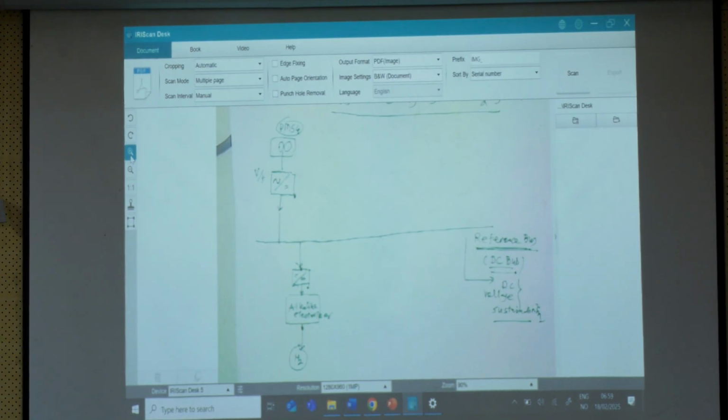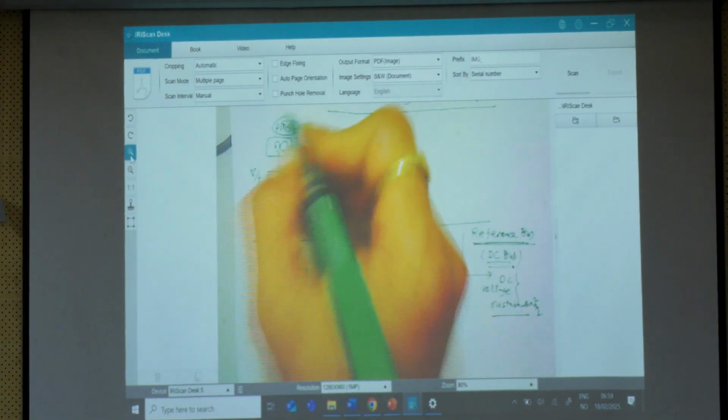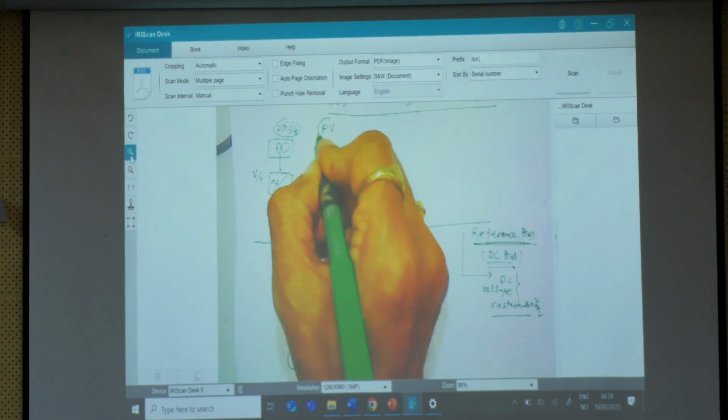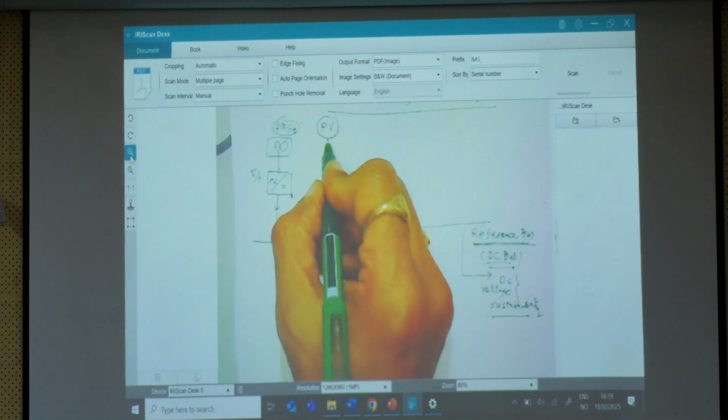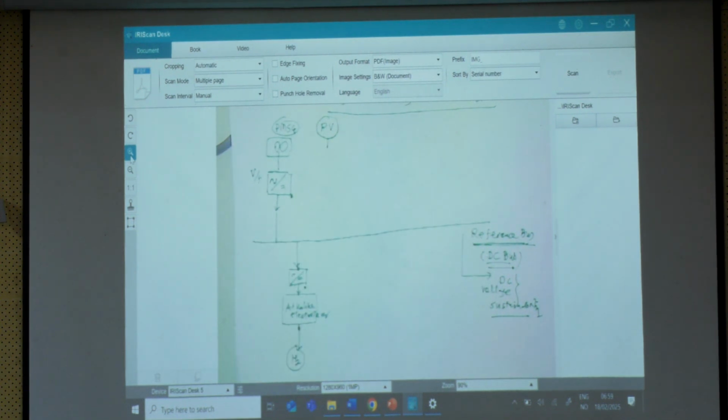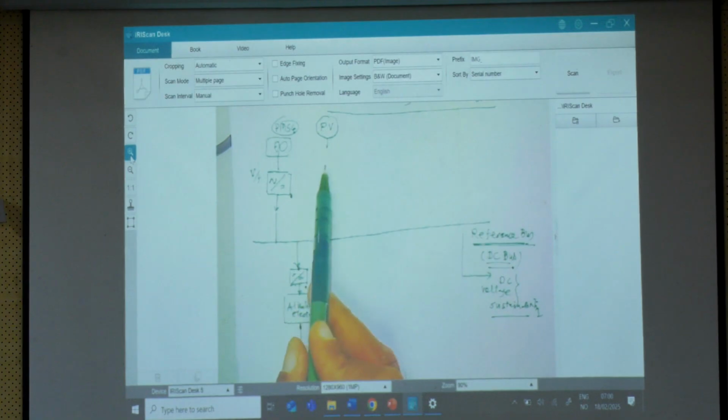Now, what we studied before the break, we have another source into account here. That other source, let us say, is solar photovoltaic. We know that solar photovoltaic is a stationary DC output, but the same DC output we cannot provide to the DC bus, because the DC bus voltage may be different than the voltage configured through the photovoltaic array.